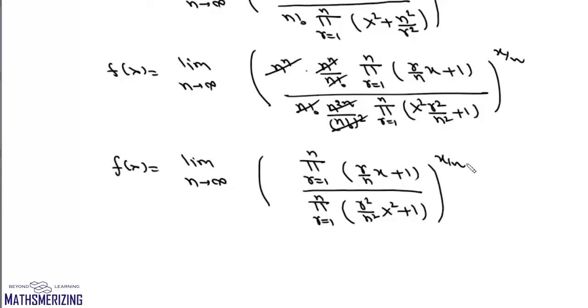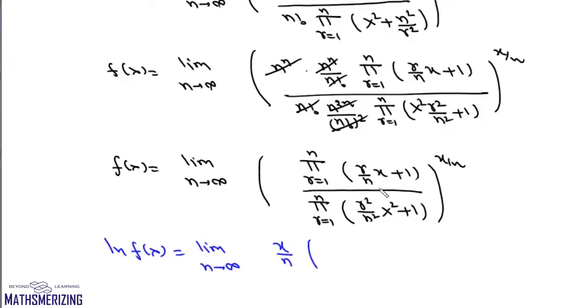Now what we'll do is we'll take log both sides. When we take log both sides, we can write log f(x) will be this limit as n tends to infinity. Now this power will come out, so it will be x/n, and then it will be log m/n, and log m/n is log m minus log n, and also log m into n is log m plus log n.